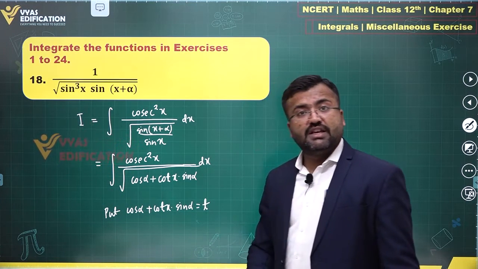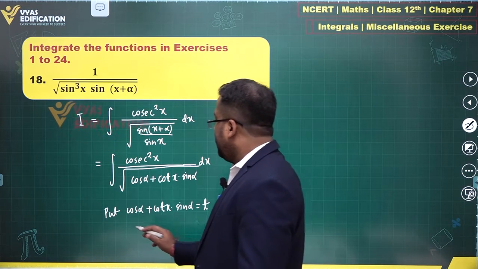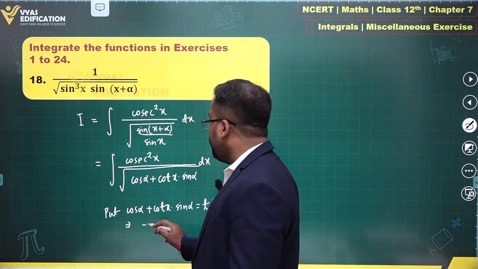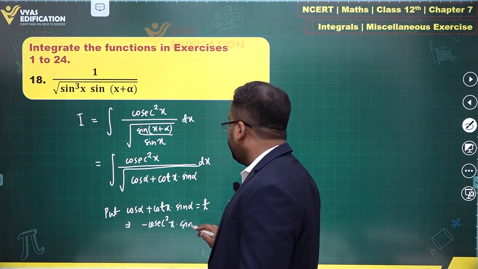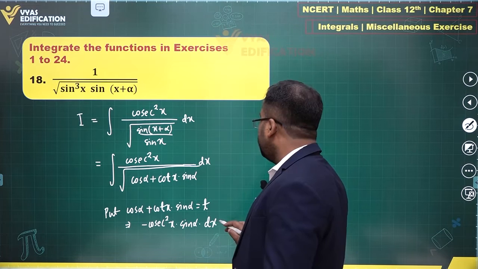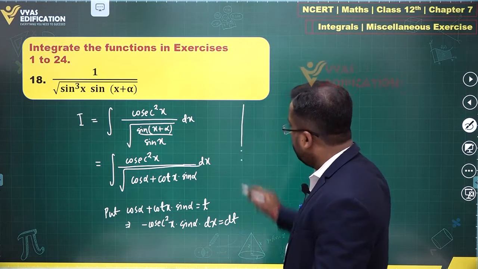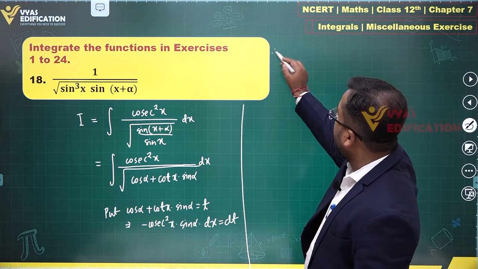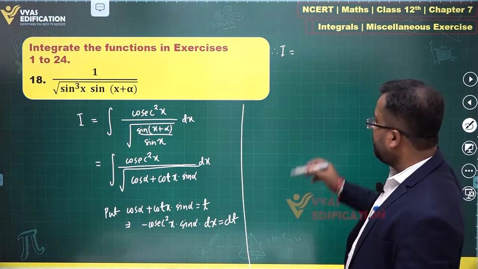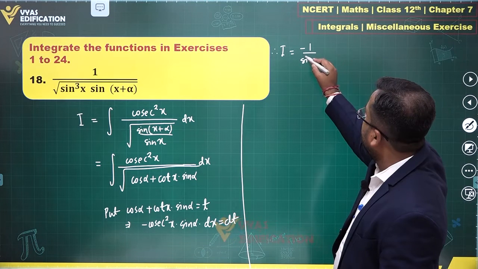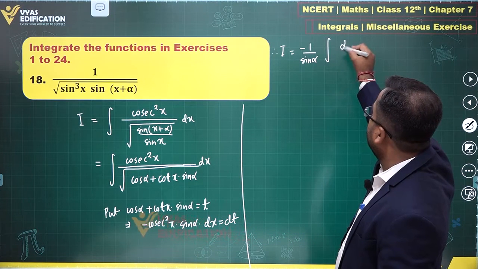The derivative will be minus cosec square x times sine alpha, which is a constant, dx equal to dt. Therefore, cosec square x dx will be minus 1 upon sine alpha dt.